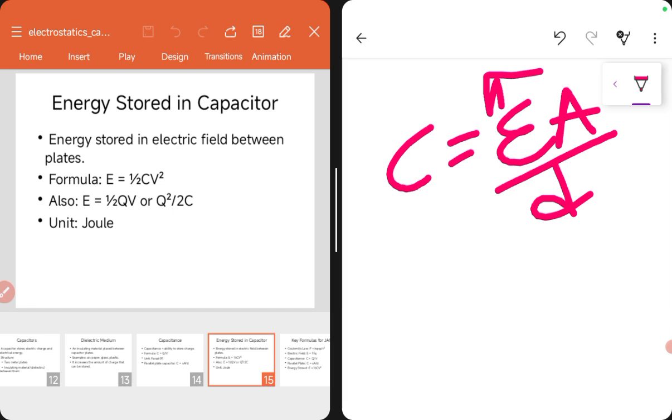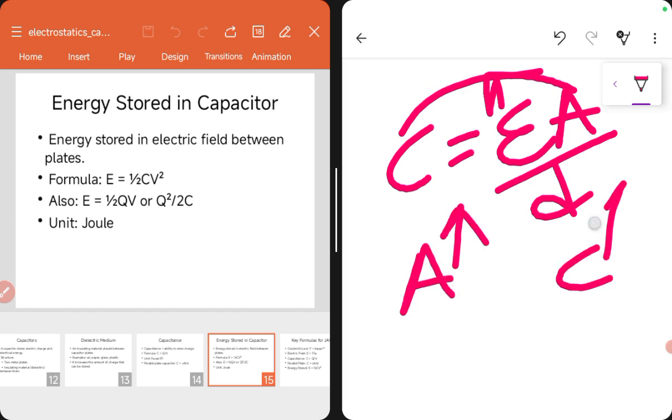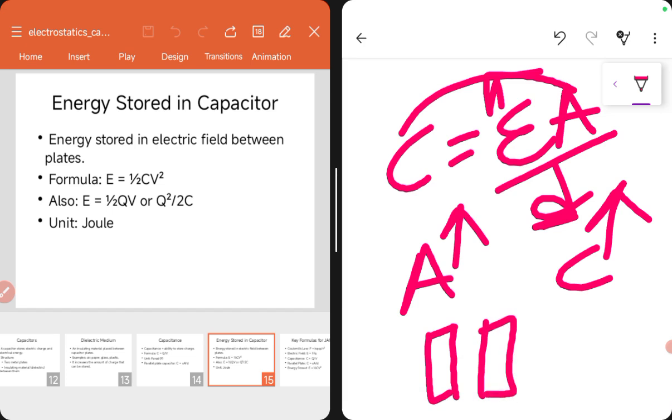Now, since it is a constant, capacitance is directly proportional to the area. So the more the area, the more the capacitance, because there are more spaces for charges to be stored. And capacitance increases when the distance is lowered. If the distance between the plates is small, with your dielectric material in between, more charges will be stored between them.